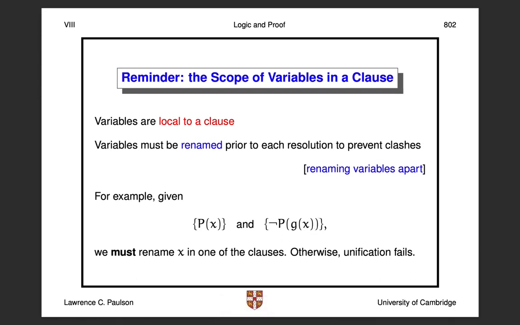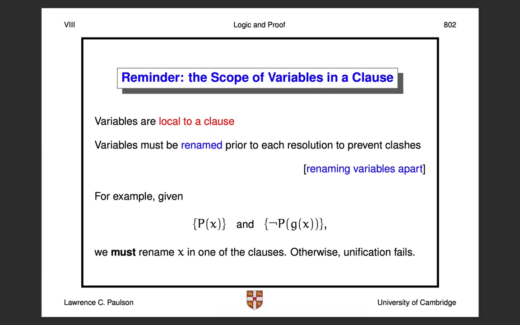We have the right to rename either copy of x to any variable we like, and our renaming has to be consistent only within that particular clause. So in particular, if there were other literals here containing x, of course they would all have to be renamed, but occurrences of x in other clauses are independent.